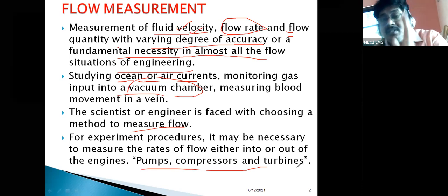Once it gets compressed, the pressure increases, and once the pressure increases there will be a rise in the temperature. So heat is dissipated from the compressor. To cool that, we have to arrange a water cooling system with water in and out.